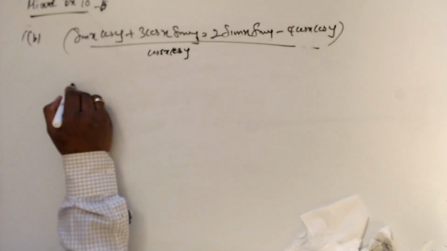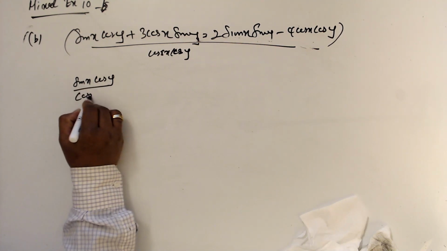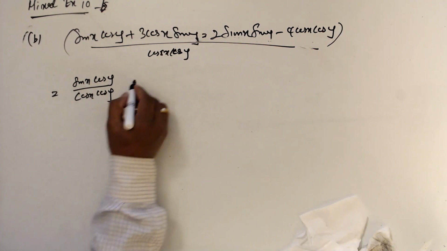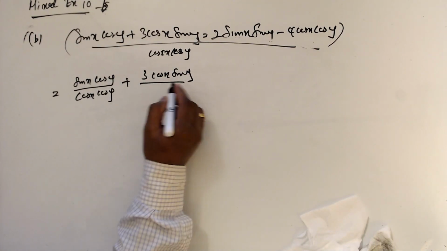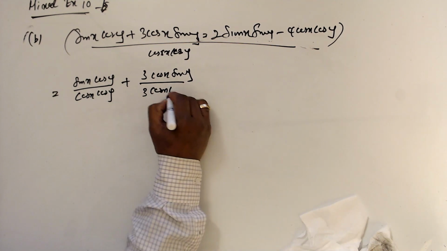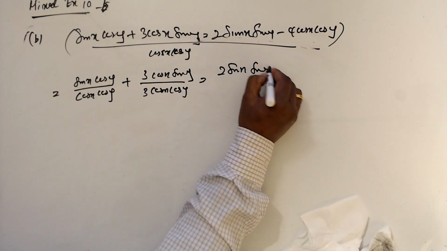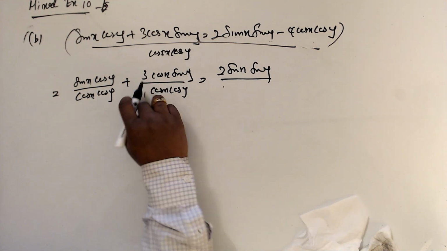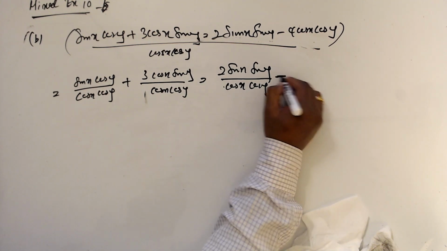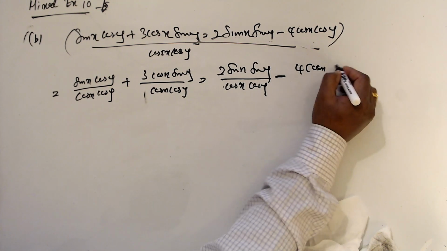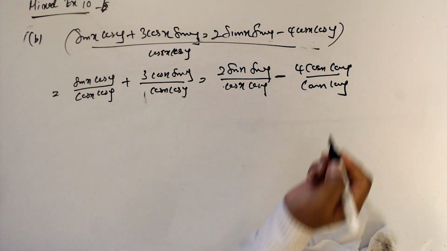So I'll rewrite here sin x cos y over cos x cos y. Then this is 3 cos x sin y over 3 cos x cos y equal 2 sin x sin y over cos x cos y minus 4 cos x cos y over cos x cos y.